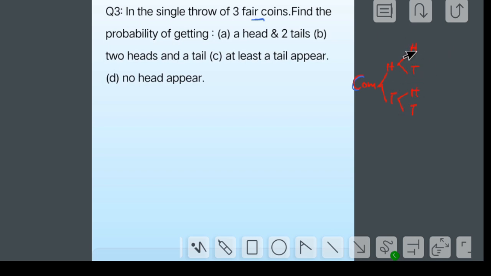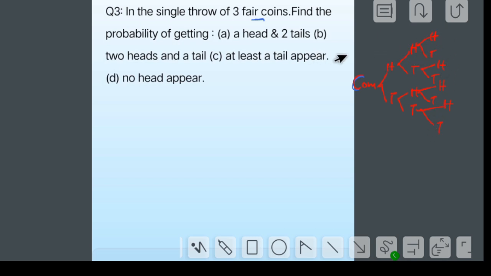Now, for 3 fair coins, each of these will also produce their own head and tail. So this will give me head and tail. This will give me head and tail. This will give me head and tail. This will give me head and tail.